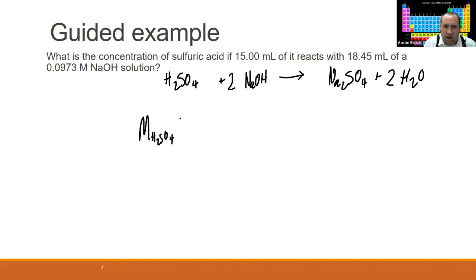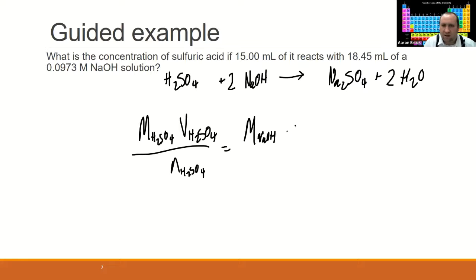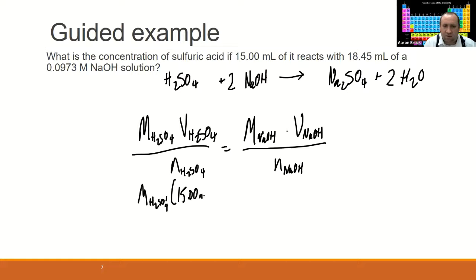if I look at my equation, I'm going to have to make sure that I substitute the correct values in the right places to get this to be completely correct. And so my molarity of sulfuric acid is what I'm trying to find. My volume is the 15.00 milliliters that I was telling us about. The coefficient here is 1.